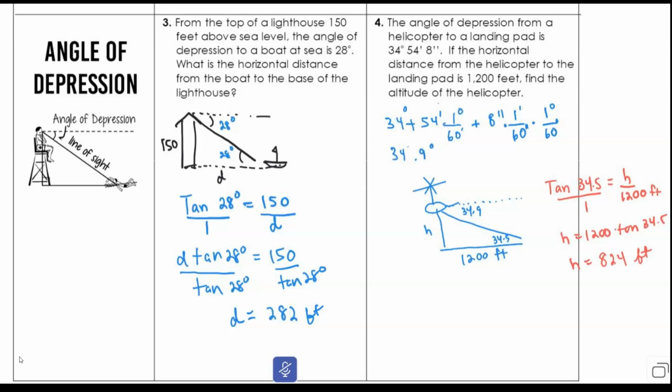Go ahead and take a second to think about how to solve this problem. If you're deciding to do cross multiplication, that is a correct step. So you have d times the tangent of 28 degrees is equal to 150. And then what you have to do is divide by the tangent of 28 degrees.